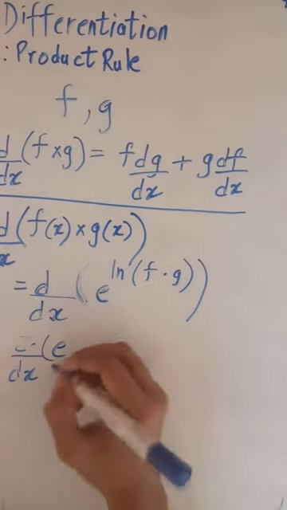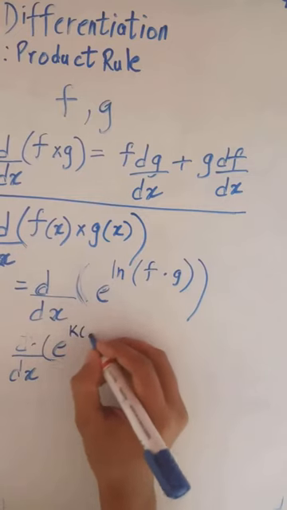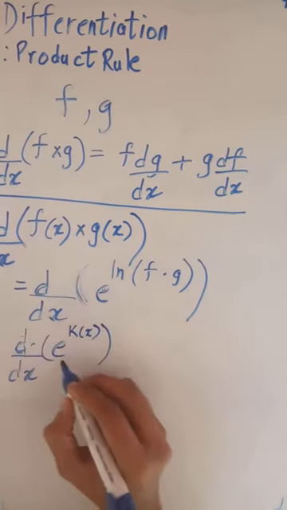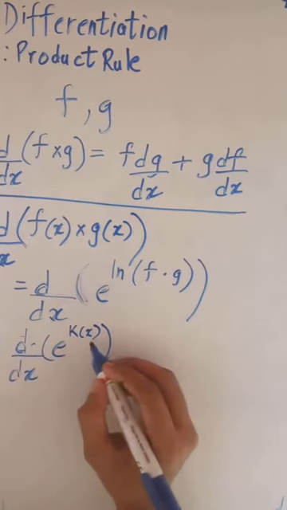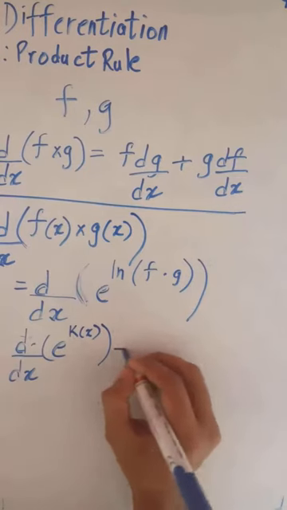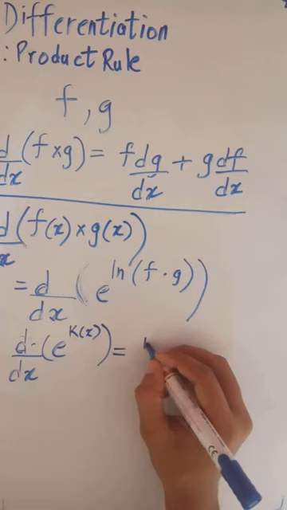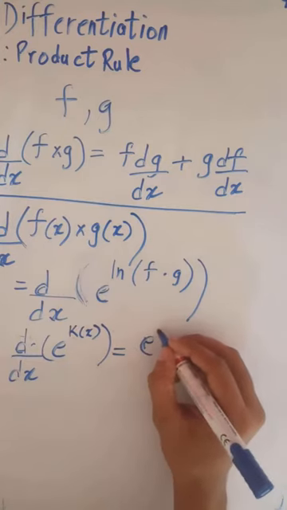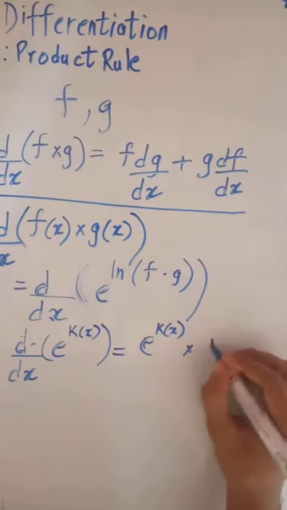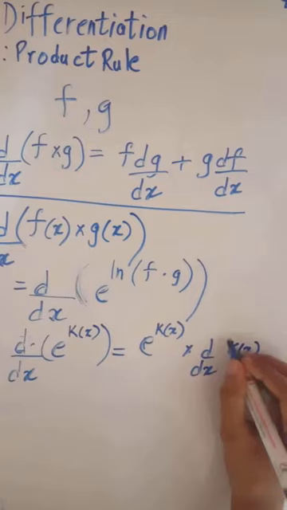And the derivative of the exponential function raised to another function, so let me say k of x is a function. So basically if I have e to the power k of x, where k of x is some function, this is equal to, using the chain rule, e to the k of x multiplied by the derivative of the function k of x.